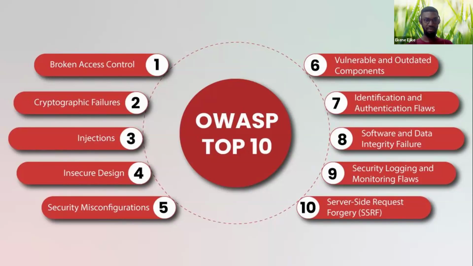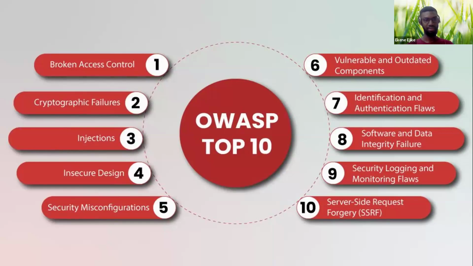So this is a vulnerability that involves a user being able to view another user's details. That's in simple terms. Take for example a financial application. I want to view my account balance, and I'm able to view it successfully. Maybe all the application is asking me for is my account number.